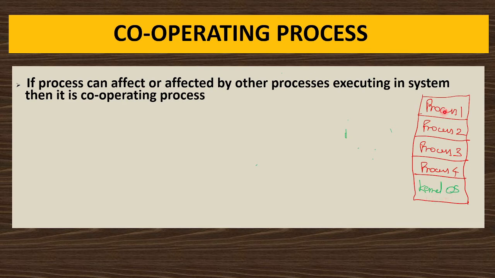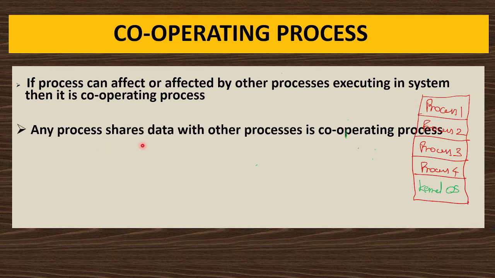So now these processes are cooperating processes because they are affected by or can affect the other processes. They are dependent on each other and they are cooperating. So the execution of one process depends on the other process, that is called cooperating processes. These concepts come under concurrent process execution only, meaning many processes are executing simultaneously.